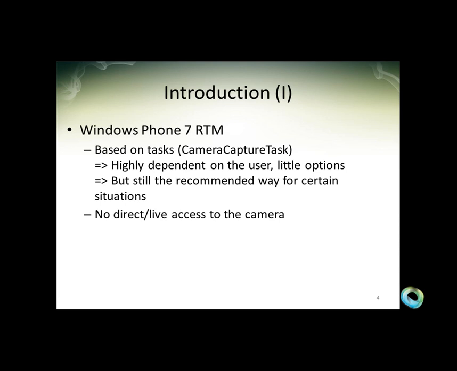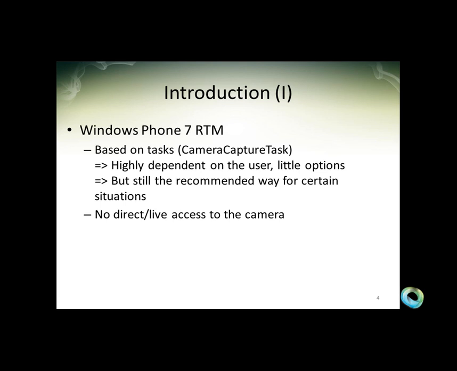So let's start with a look back at Windows Phone 7 RTM, which was based completely on tasks, in particular the camera capture task that hands off the handling of obtaining an image to the operating system on the phone. And when the user is finished taking the photo, the image is returned to your application.